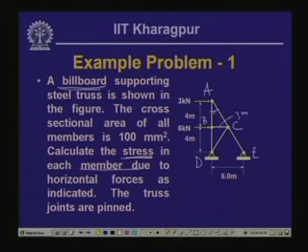If we call this angle theta, then if we take the free body of this part, if we take a section here, we have the member like this, this is theta, and we have the horizontal force acting here which is 3 kilonewton.